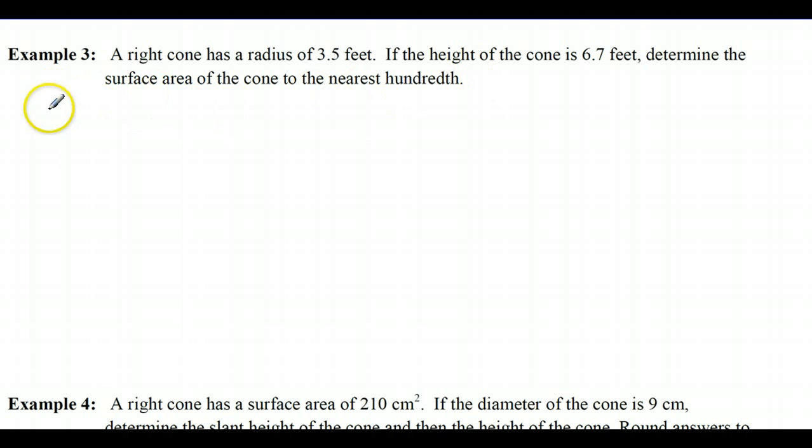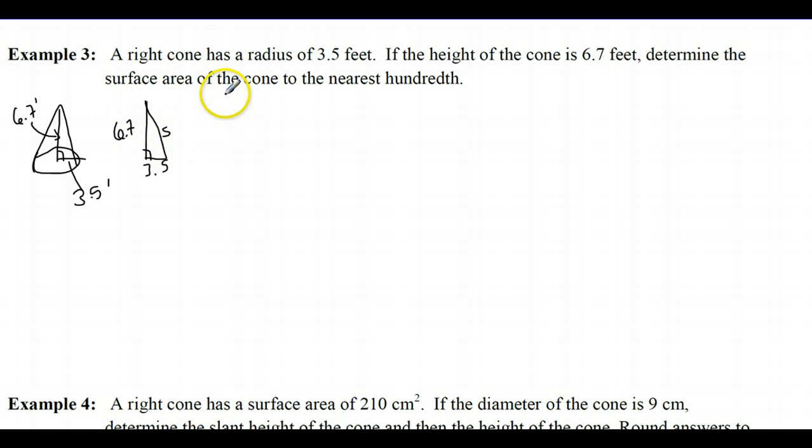So if we draw this out, there's my cone. It has a radius. That's a 90 degree angle. So this is 3.5 feet, and this is 6.7 feet. Let's strip that triangle out of there. This is 6.7, this is 3.5, and this is s, the slant height.